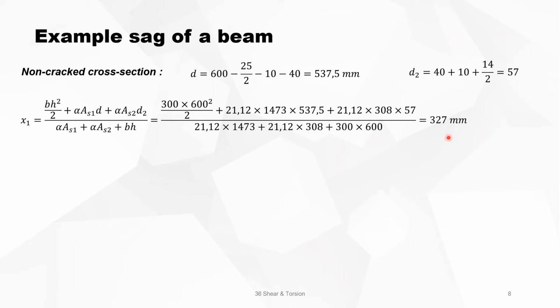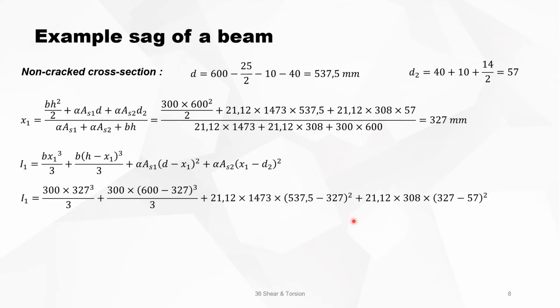So the depth of the neutral axis is more than half of the total depth of the section. The moment of inertia for the non-cracked section is then equal to 7.4 times 10 to the power 9 millimeter to the power 4.